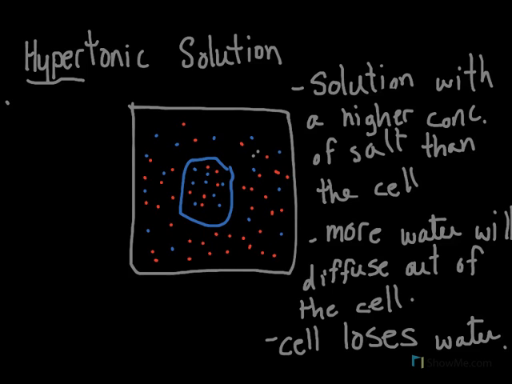What happens is more water will diffuse out of the cell than will enter the cell. So we have this water leaving the cell, losing water. And maybe this one might go back in. But basically we have more water leaving the cell than entering the cell in a hypertonic solution.